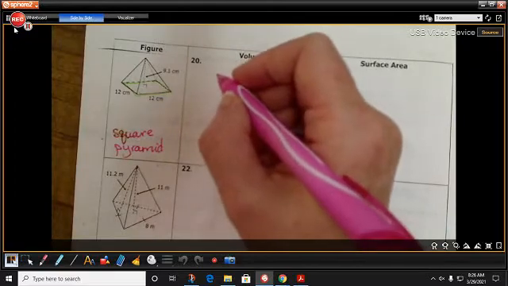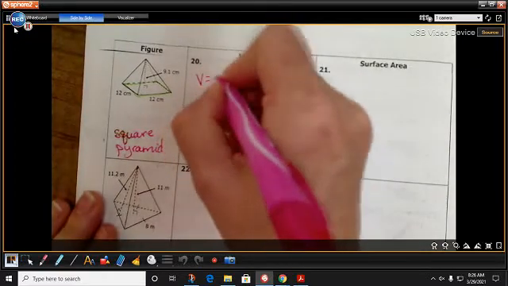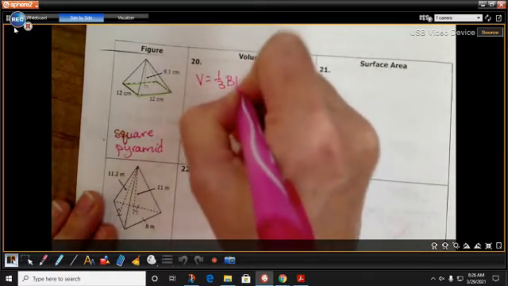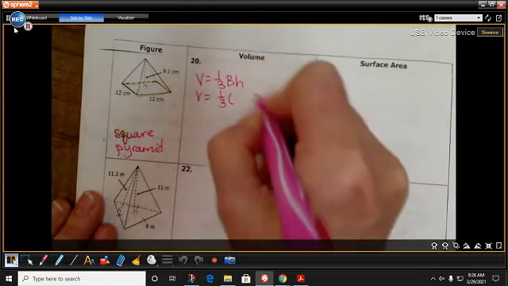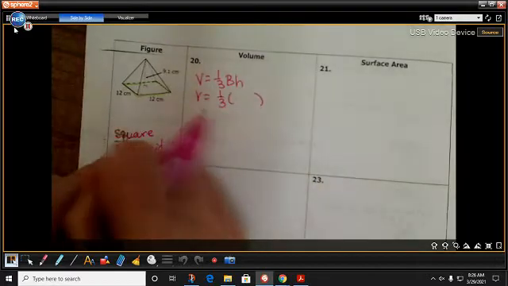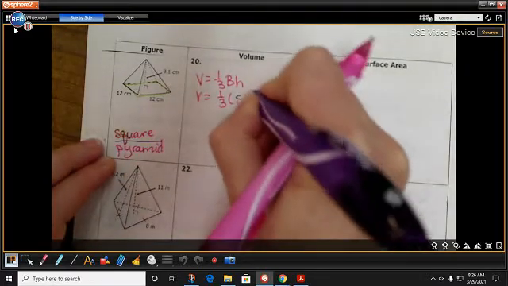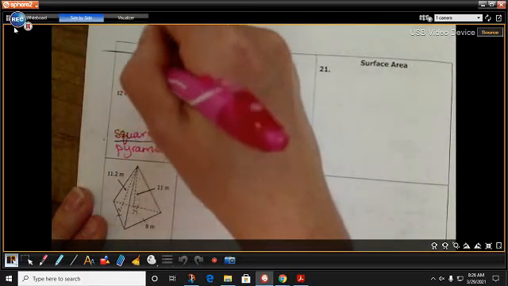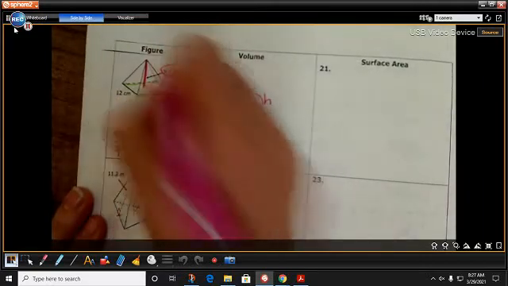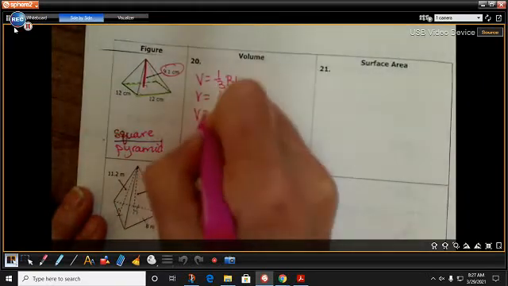So for my volume of a pyramid, my volume is always 1/3 the area of the base times the height. So the area of my base, since this is a square, is going to be side squared, and then times the height of the pyramid. Now the height of the pyramid is always perpendicular to the base. So there's my height.